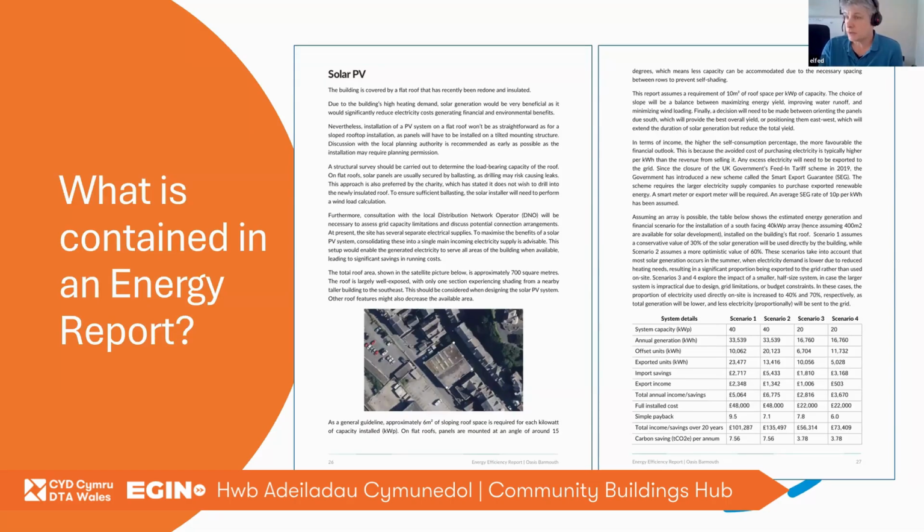Now, on this particular building, we did actually install a solar array. We spent £48,000 on the dot on the solar array for this building, and we did manage to put in a 47.5 kilowatt array.